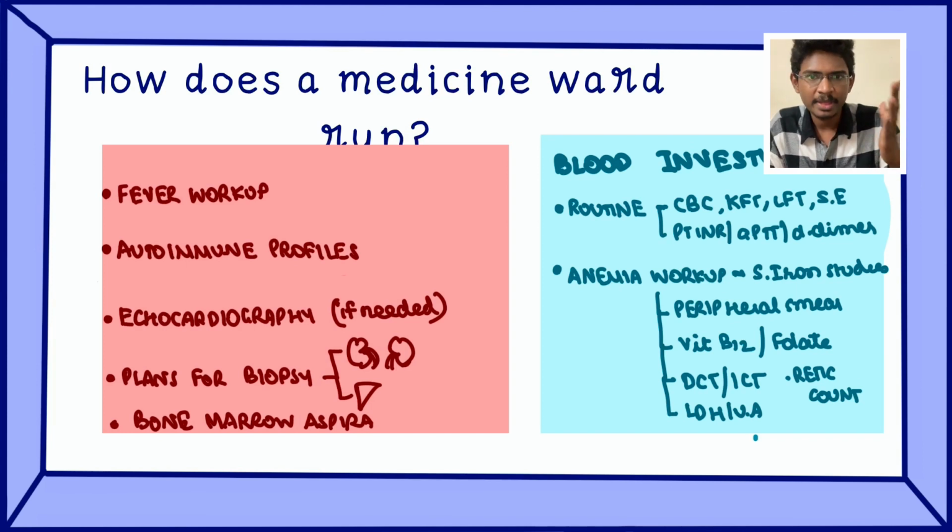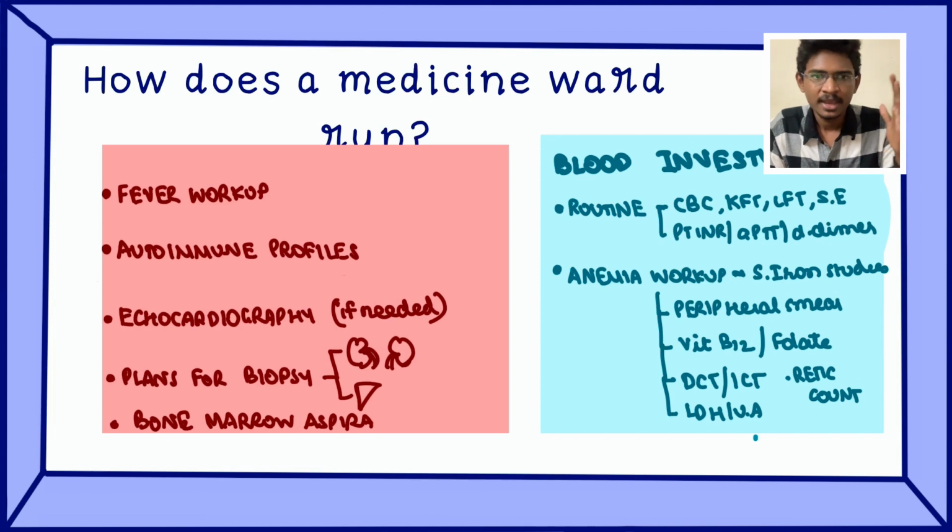Then the bone marrow biopsy as well as bone marrow aspirate, these are also done by medicine PGs only. Initially we might take help from pathology PGs for that, but as time goes on, we'll start doing bone marrow aspirate and bone marrow biopsy by ourselves. Okay, so that's also one of the procedures which you'll be learning.